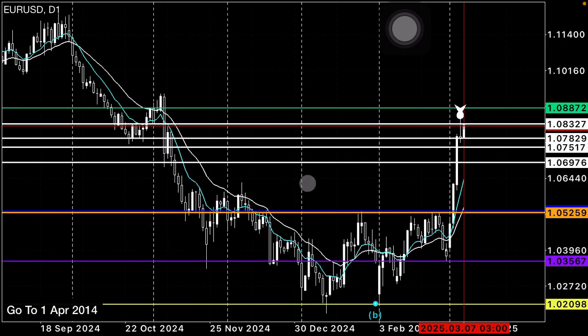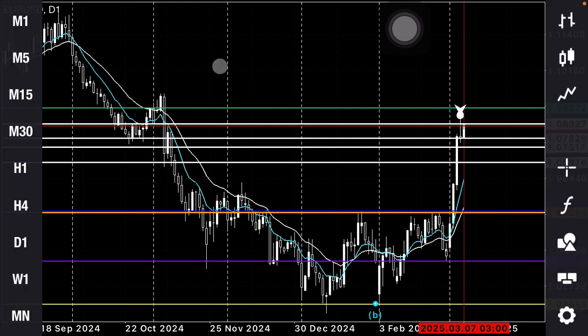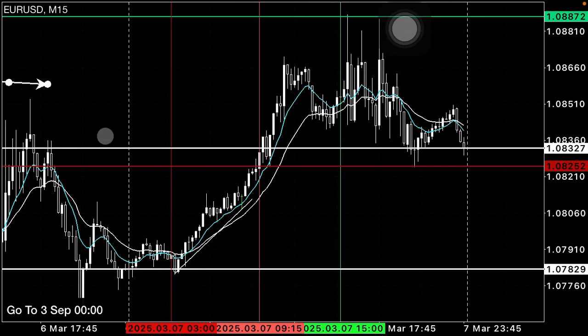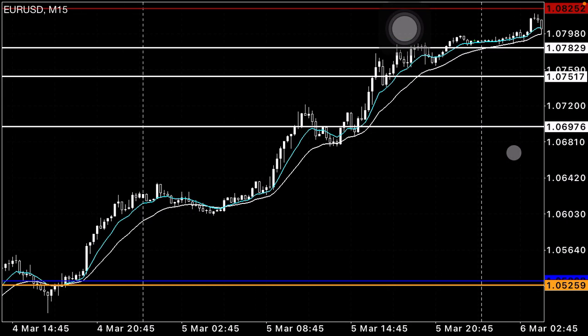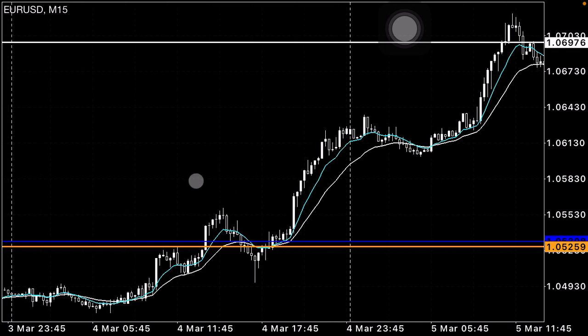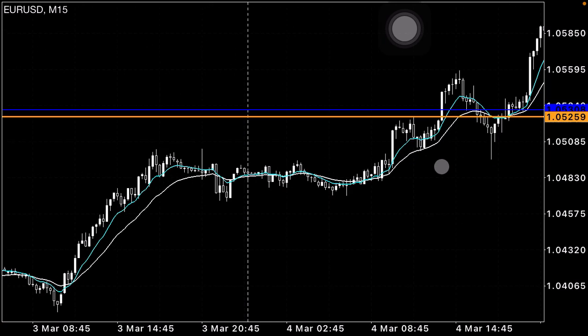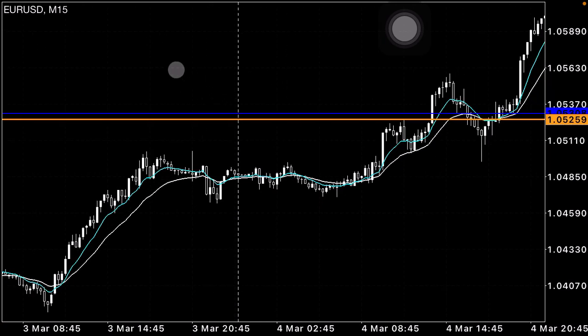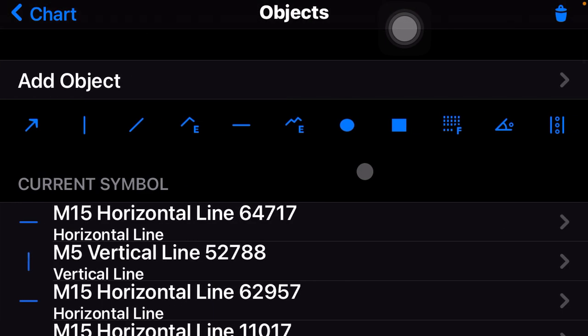So once again, the brother did not get into the trade because this didn't come down all the way. It didn't get the gap all the way. Go to the 15-minute. Put a little mark here.